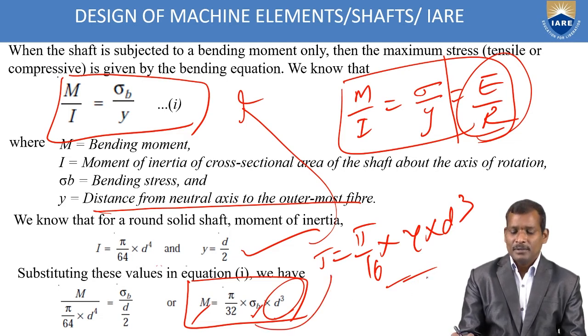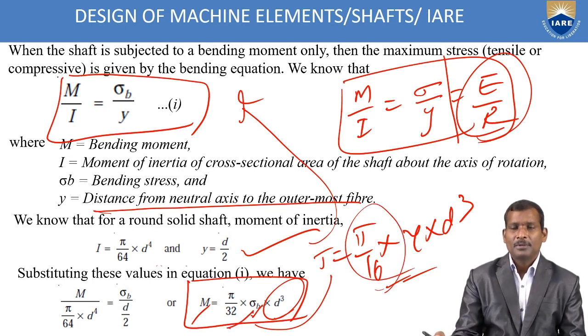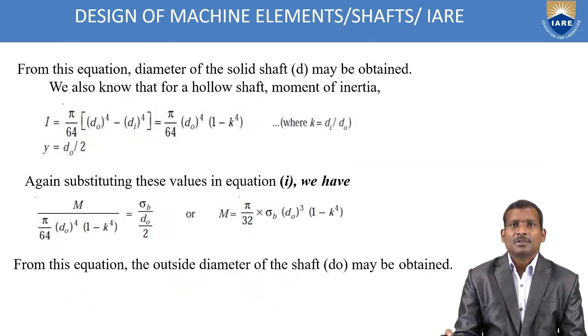In place of pi by 16, we have pi by 32 into d cube, and in place of shear stress, sigma_B, the bending stress, will come. Clear? From this equation, the diameter of the solid shaft may be calculated.